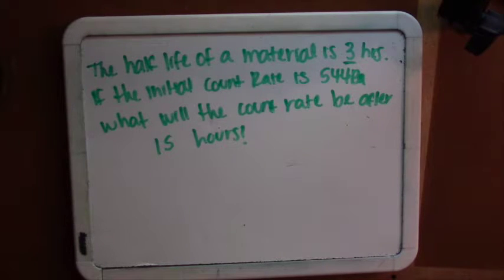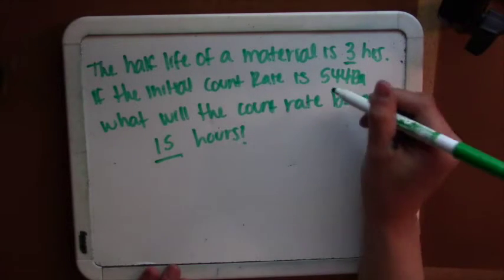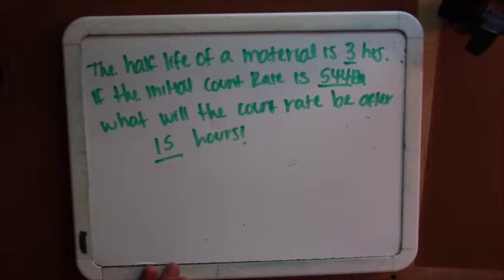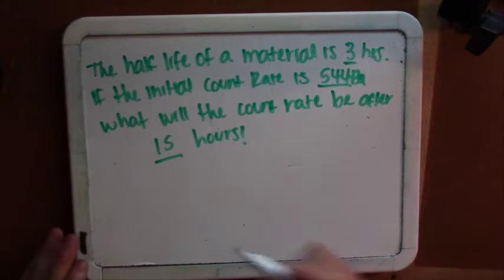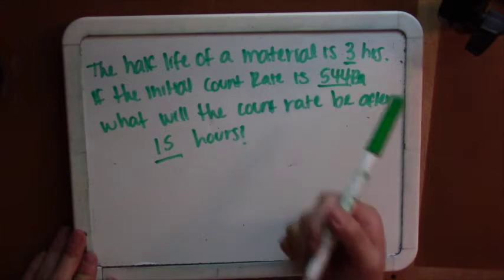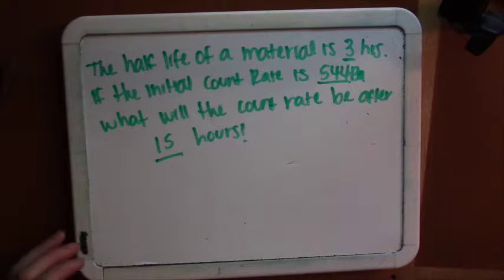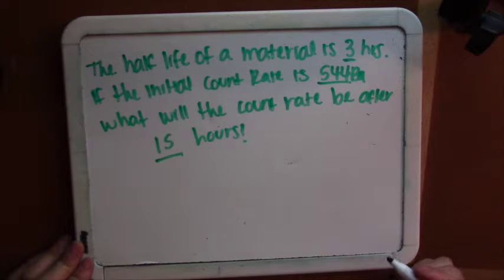And lastly, it gives us what we are trying to find, and so it's asking us what would the count rate be after 15 hours. Now these 3 numbers are super important because they will all be needed in the equation. So we are told that the half-life of the material is 3 hours once again, and in 15 hours there are 15 divided by 3 half-lives, or 5 half-lives.